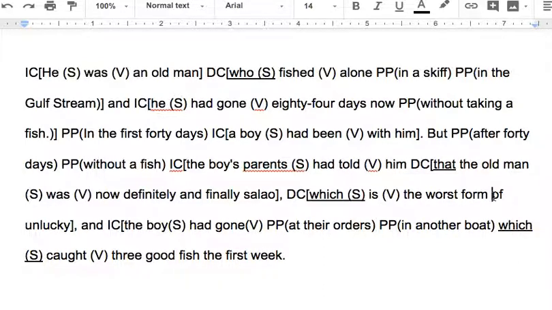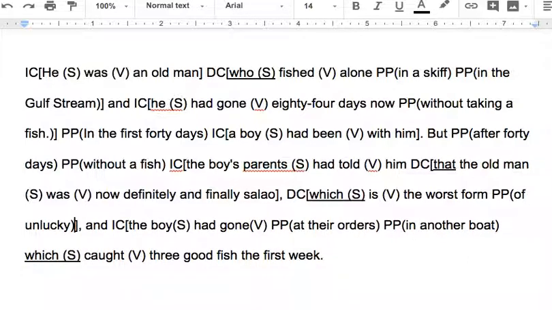Here we have of unlucky. So now we're going to identify that as a prepositional phrase, putting parentheses around it, of unlucky. And there we go. Did we miss any? I think that pretty much covers it.